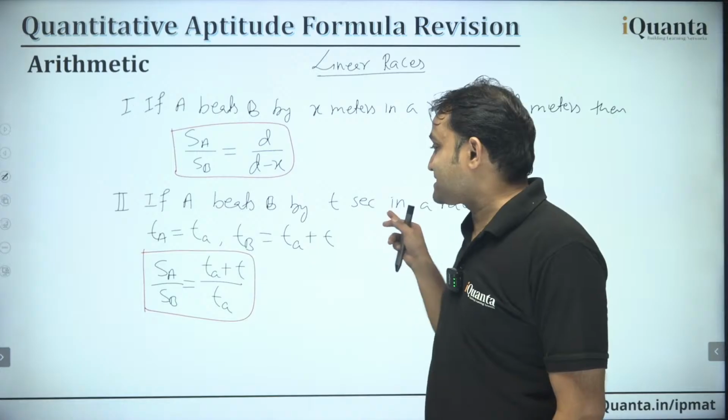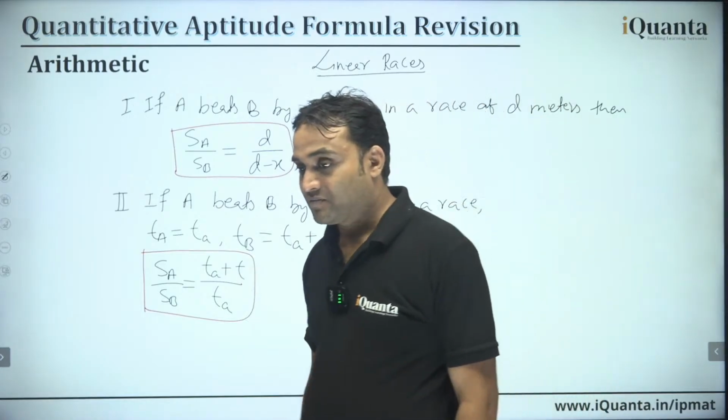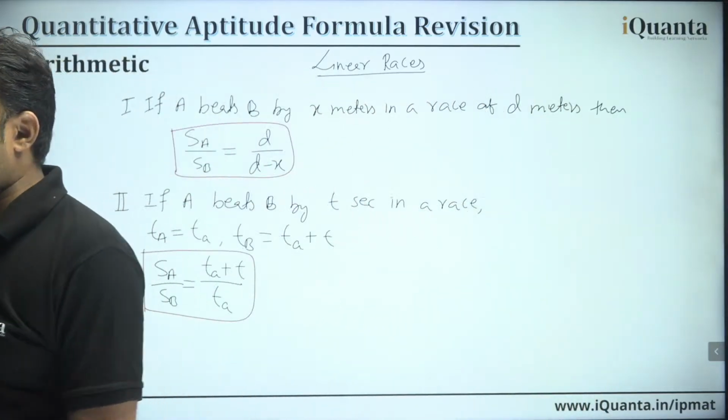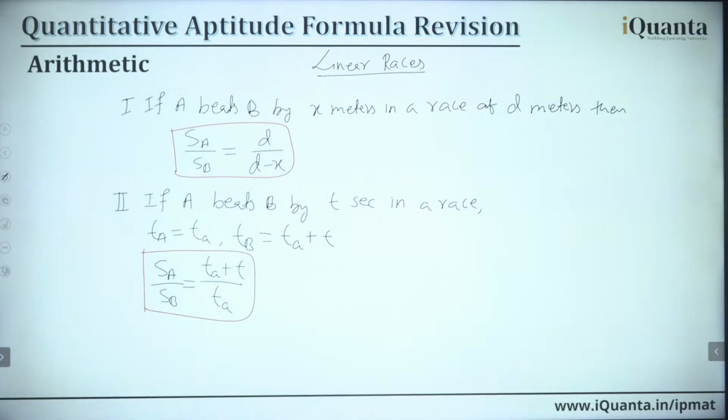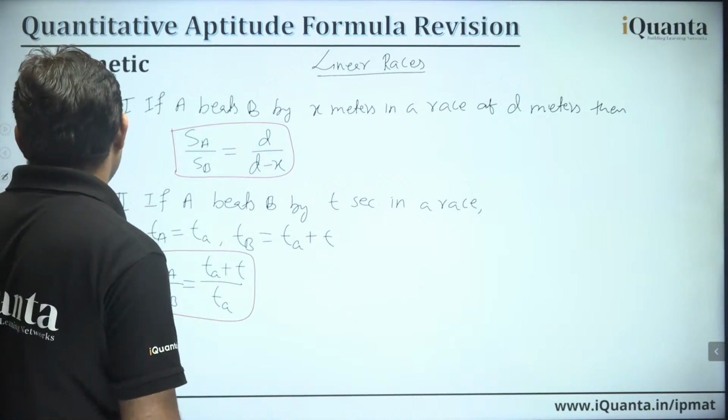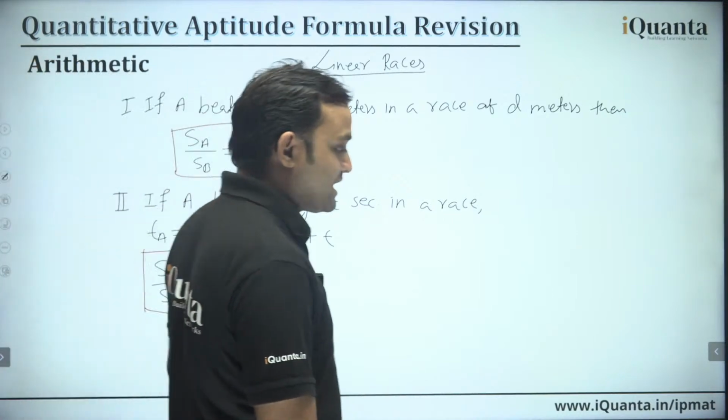If you see a statement like this, it means both are covering the whole distance, and the time taken by B is T seconds more than A. Note it down, then I'll give you an example.